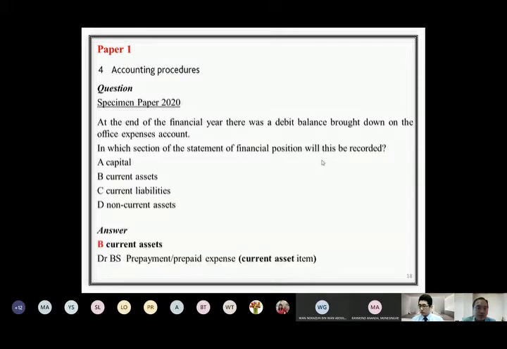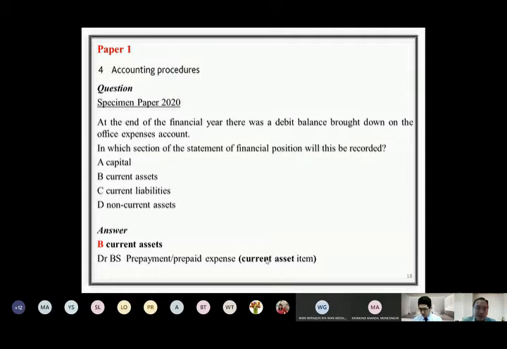The answer is current assets. This refers to my earlier slide. It refers to the debit side of your balance sheet, the statement of financial position. They are talking about the prepayment and prepaid expense, so this is actually a current asset.